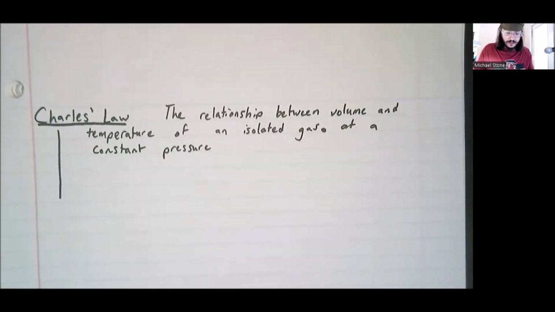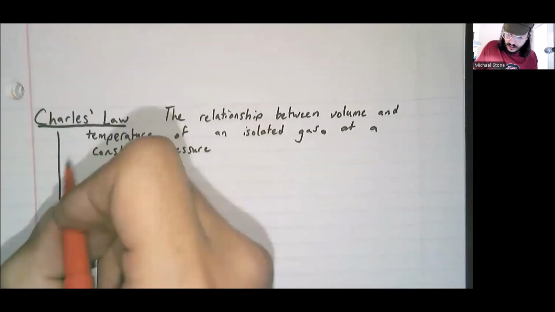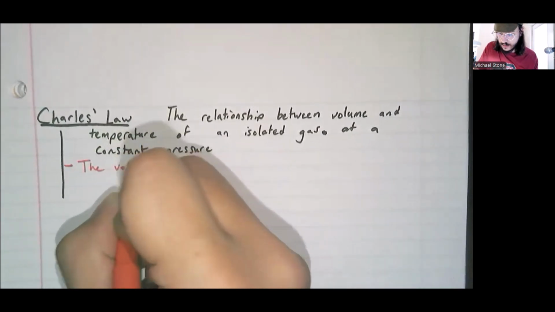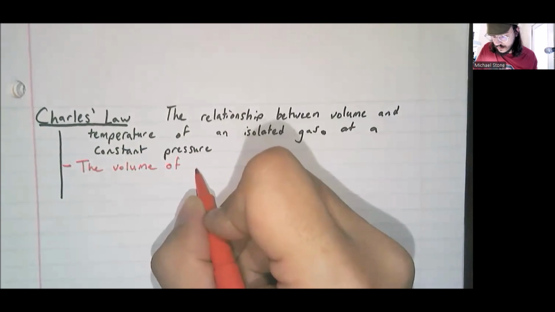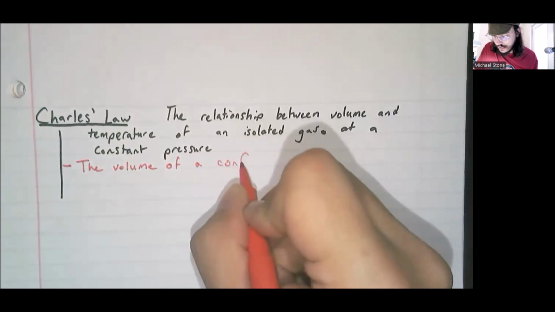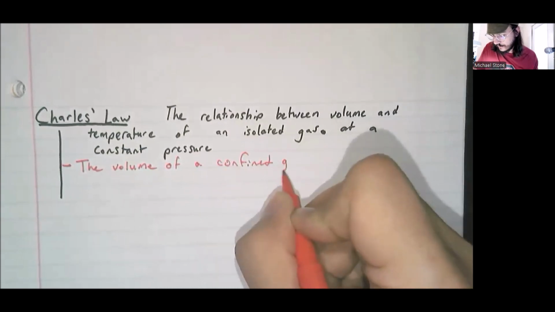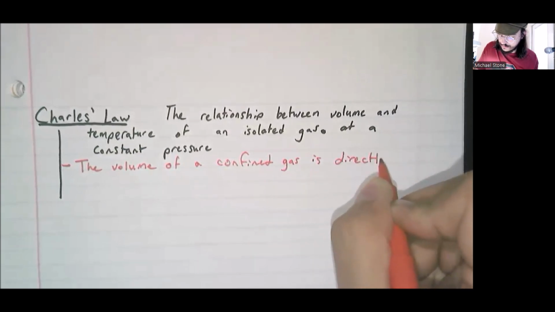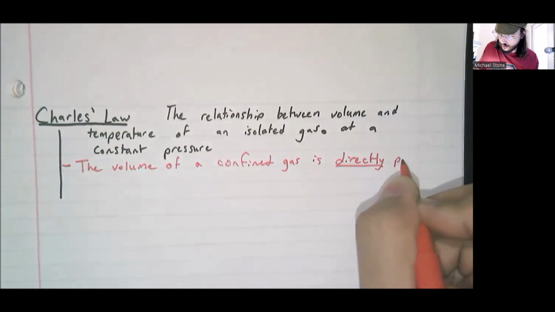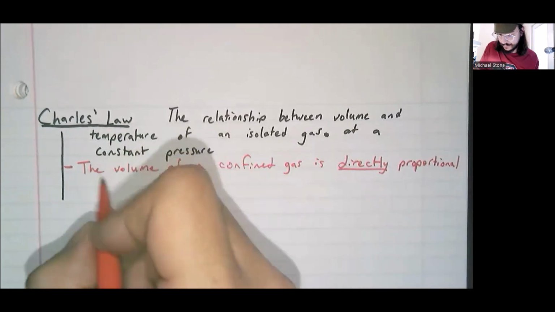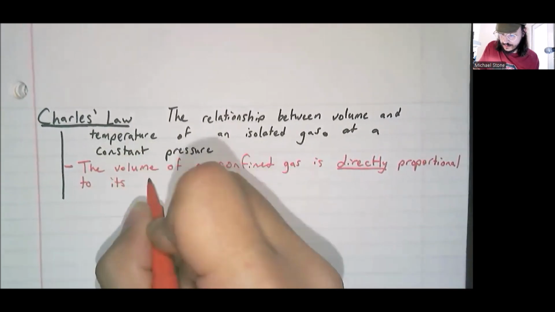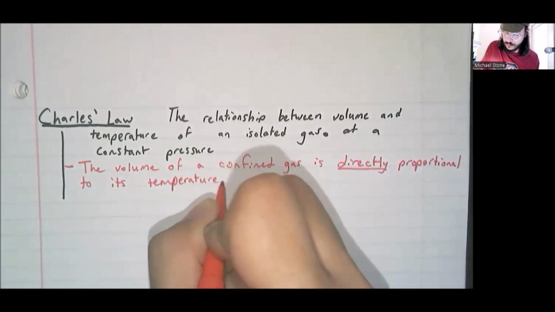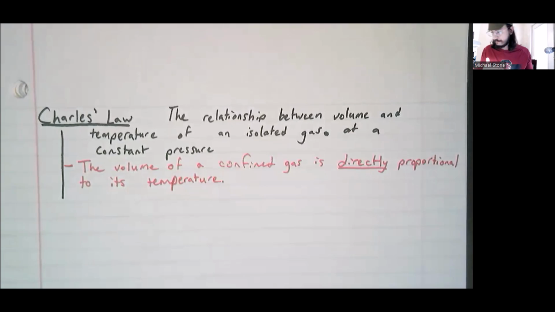What is that relationship? Well, the relationship is such that the volume of a confined gas is directly proportional to its temperature. Again, that is assuming that pressure is kept constant.